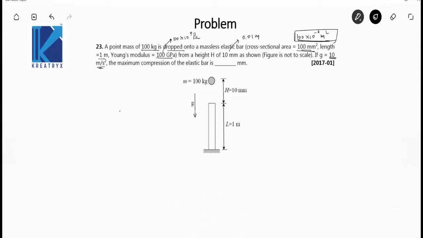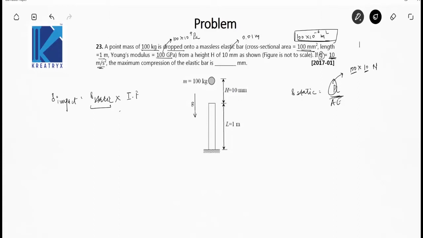So this question is directly based on the formula that the deformation in this bar by this impact load is equal to delta impact is equal to delta static into impact factor. What is delta static? Delta static is PL by AE, where P is 100 into 10 Newton, 100 kg into 10, the value of g given.